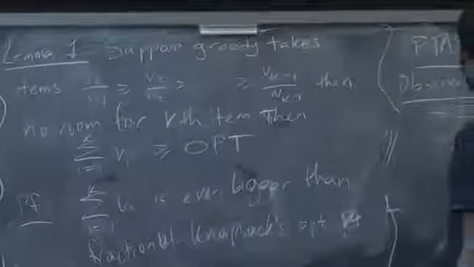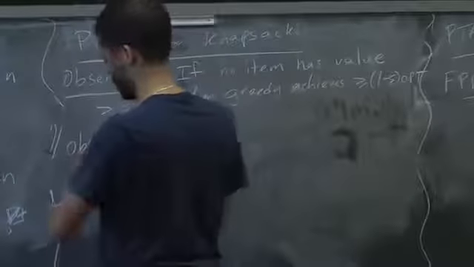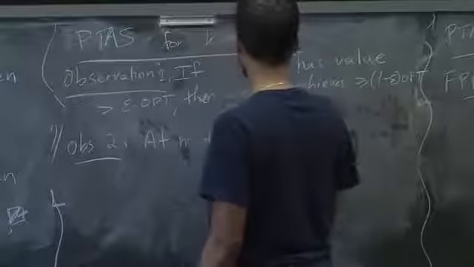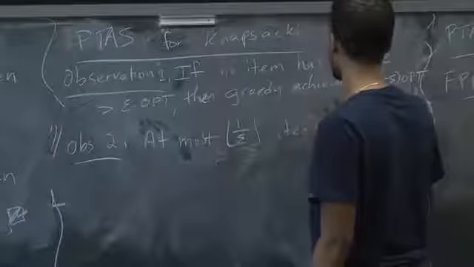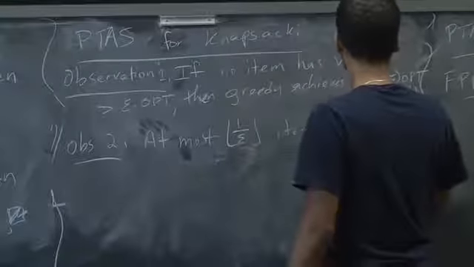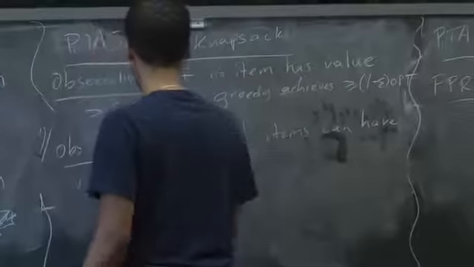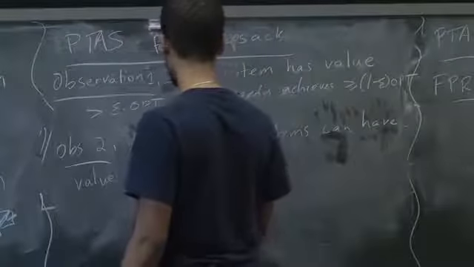This is observation 1. Observation 2 is that at most 1 over epsilon items can have value bigger than epsilon times opt.